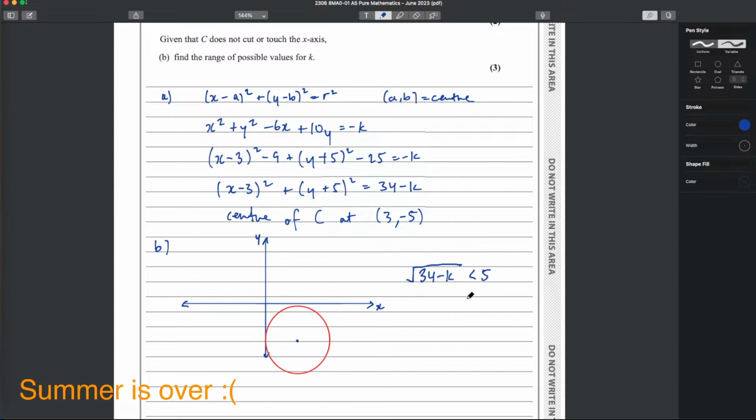So we can square both sides. Yes, we can. Shouldn't be a problem with that, because this has to be positive. And then k is greater than this difference, 9.